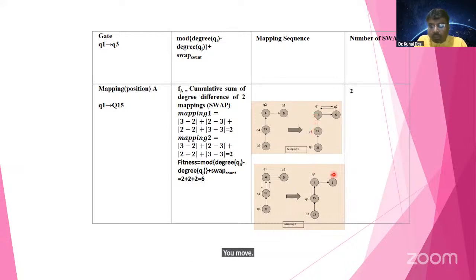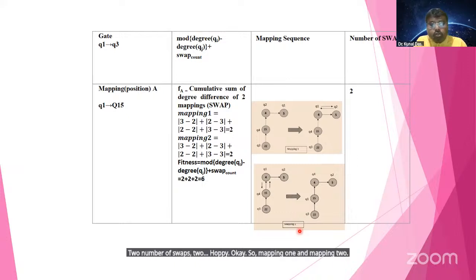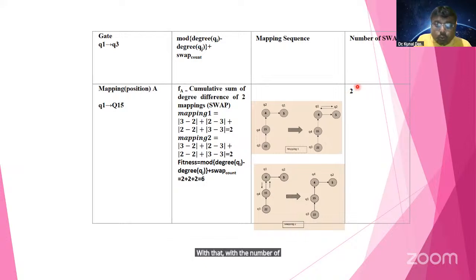So the small letter above is showing the logical qubit moving. So this direction to this direction is a move, you require 2 swaps for hopping. Okay, so mapping 1 and mapping 2 show what fitness value you get. This is 6 with the number of swaps required being 2.